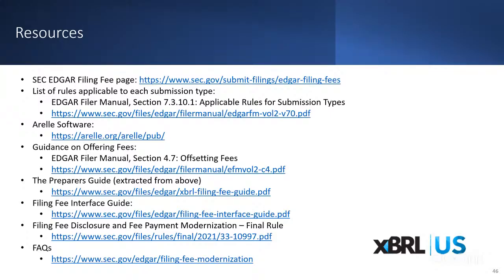Okay. If a company files multiple form types like 424B3 several times in a year with the SEC, does it have to fill out the FFD, the filer feedback data, every time? I don't know if anybody has an answer to that one.